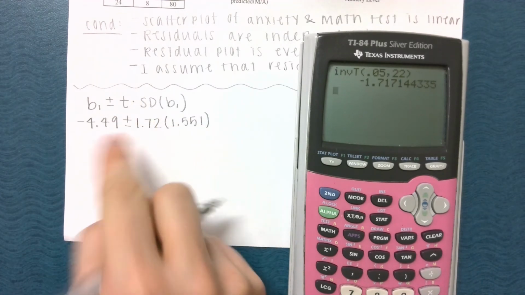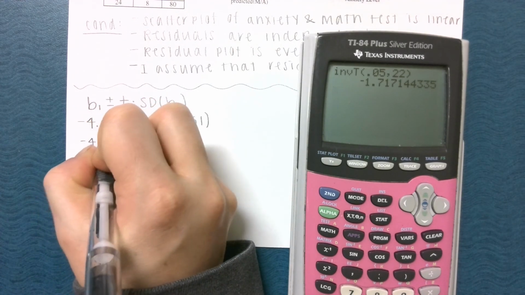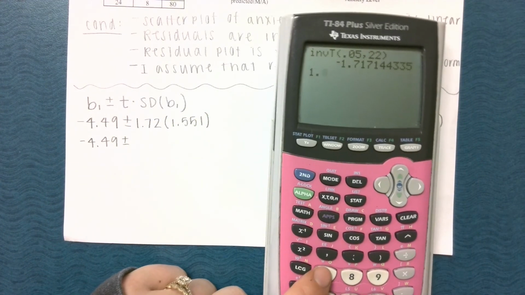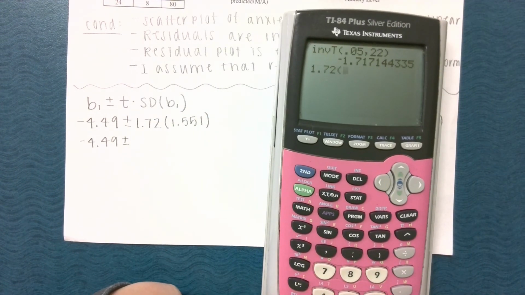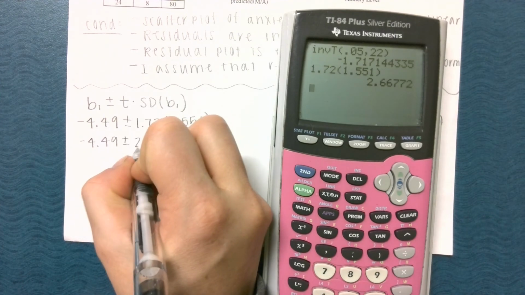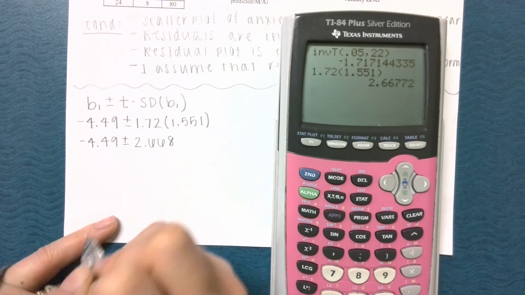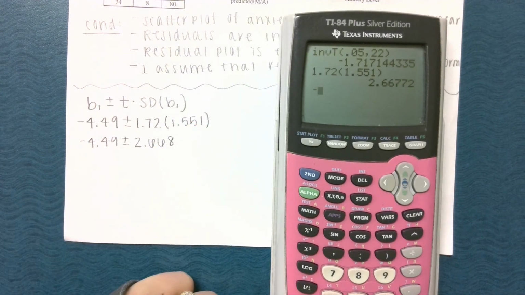I'm going to start with finding this right-hand side, my margin of error. And I'm going to go ahead and subtract and add.